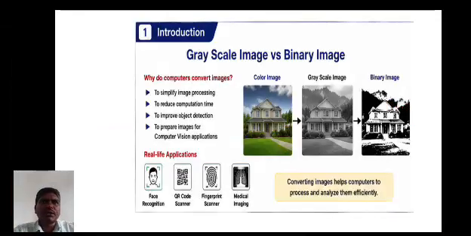As shown in this slide, these image formats are widely used in face recognition, QR code scanning, fingerprint authentication, and medical imaging. So by the end of this video, you will clearly understand what grayscale and binary images are, how they differ, and where they are used.